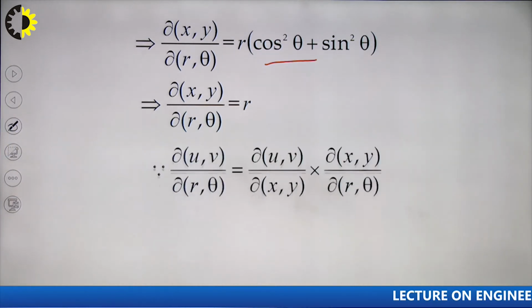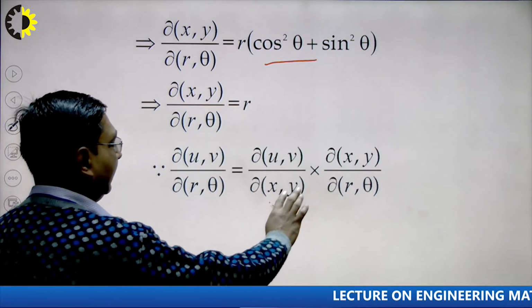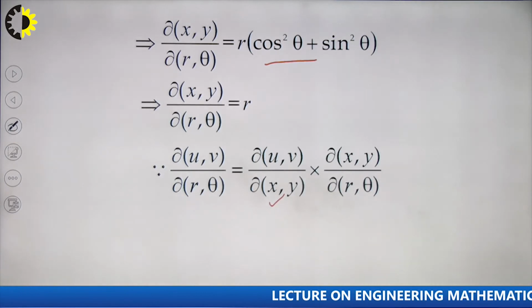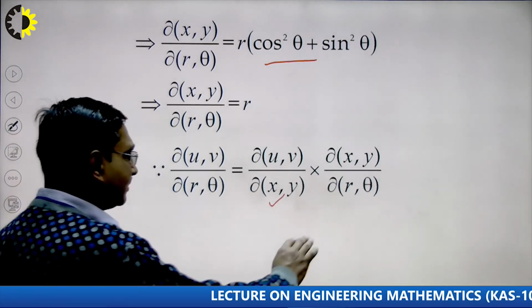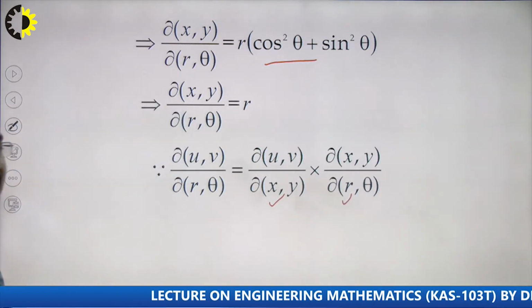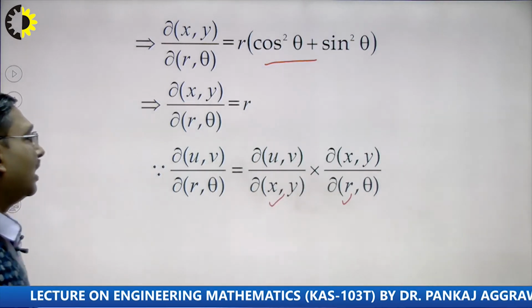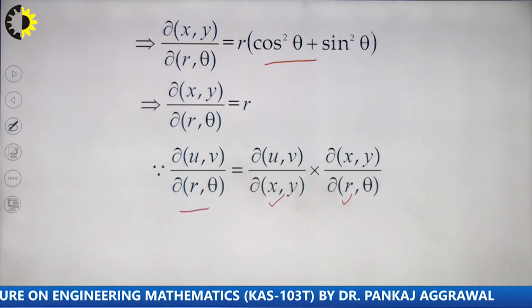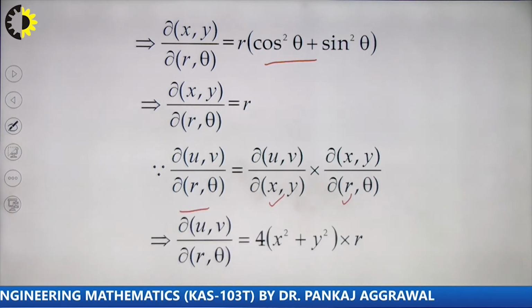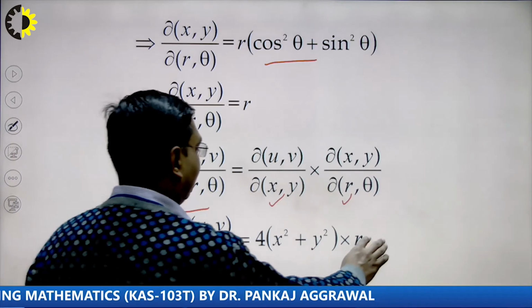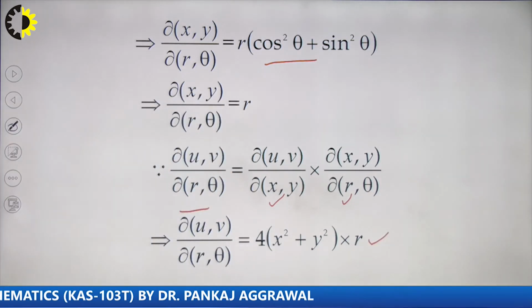Now, this Jacobian del uv over del xy is already calculated. Del xy over del r theta is calculated now, and multiplying these two, I obtain the value of del uv over del r theta.